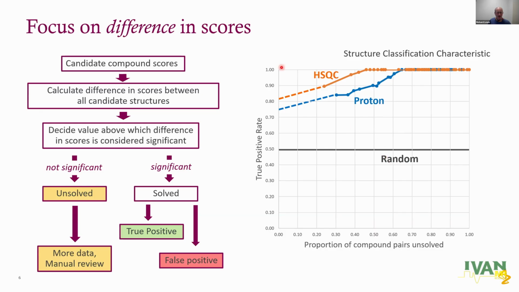If we think where we want to be up here, we're a lot closer to the goal by following this approach. So here, for example, if our criterion is that we want to be right 95% of the time using HSQC, we can get there, and we can choose the threshold to get us there, and then we have about 35% of the cases which would need manual interpretation. So that's good, but it's not good enough.